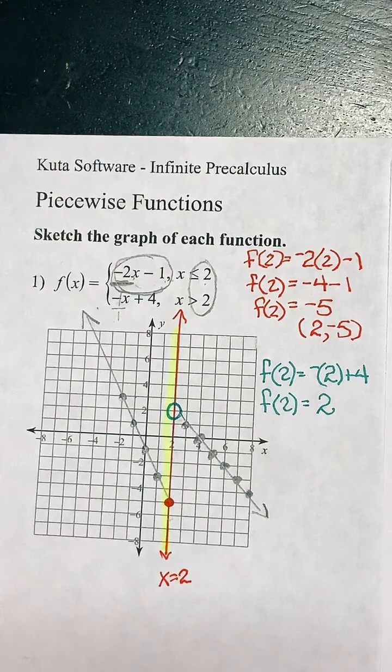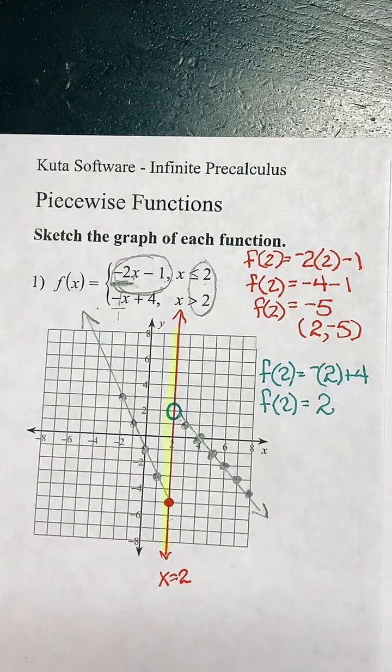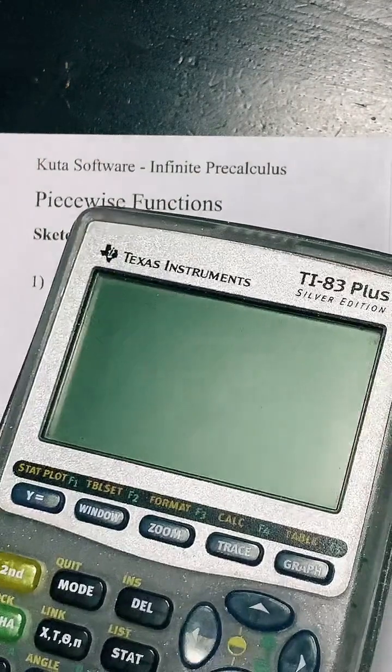What is the ACCUPLACER? The ACCUPLACER is usually used for people that are going into the community college and want to figure out which math class they should go into based on their skill set. They give them this test, and you cannot bring in your own calculator.